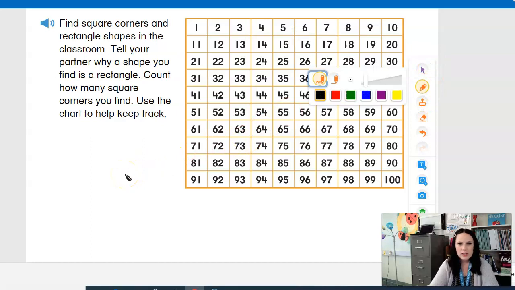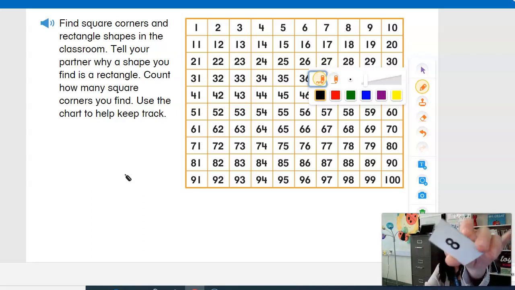Okay, so let's start with some rectangle shapes. I found one. I found this number counter. So this is a rectangle. Can anyone remember why this shape is called a rectangle?